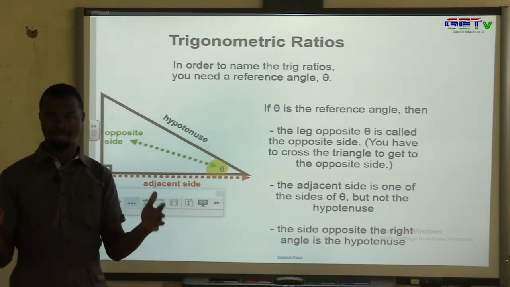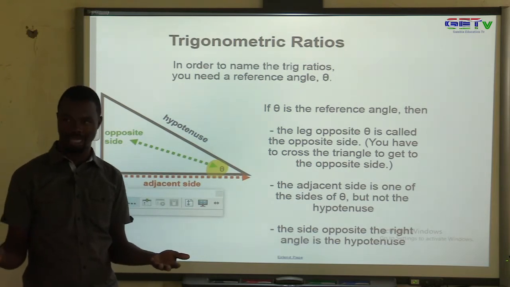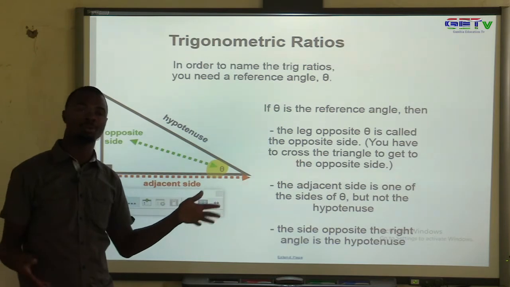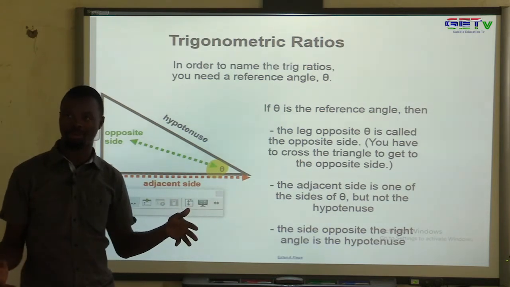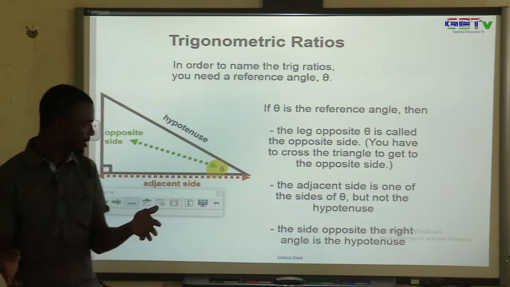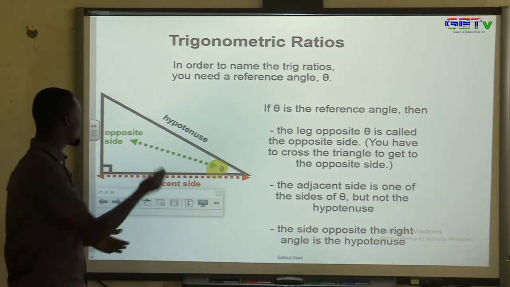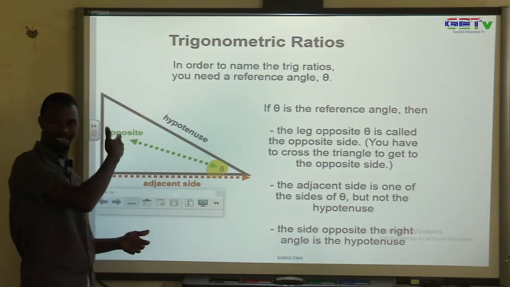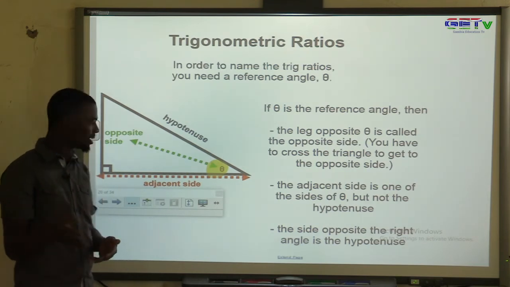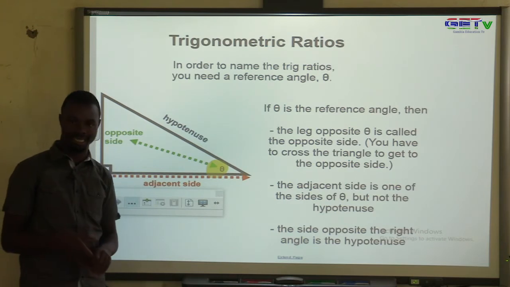Now in a right angle triangle, we have the longest side, which is called the hypotenuse, and the other two sides are differentiated by where your angle of concentration is. If you are concentrating on theta, the side opposite the angle theta is labeled as the opposite, and the side adjacent to the angle theta is labeled as the adjacent.